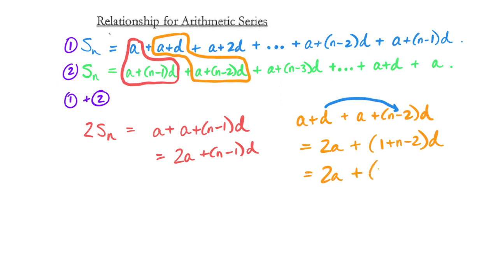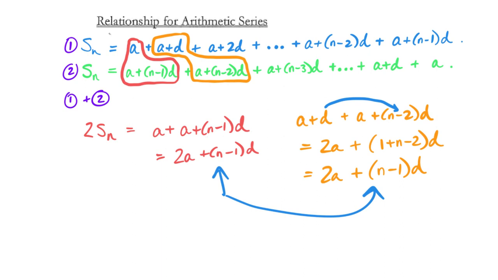I can collect on the inside, and I get n minus 1, and you can start to see the exact same thing is happening as what happened in our numbered example. That is, I keep getting the same sum every time. 2a plus n minus 1d.